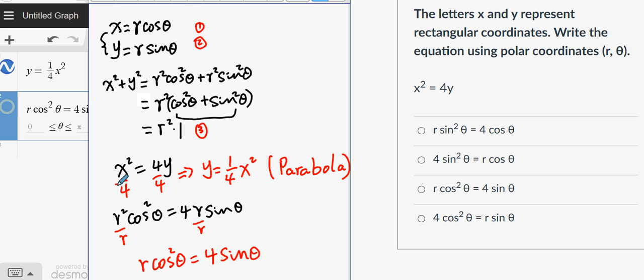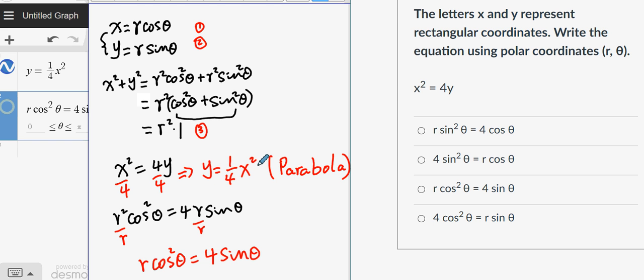You divide both sides by 4, where y stands alone on one side, and the other side is 1 over 4 times x squared. That's the standard form of a parabola with the open direction upward.